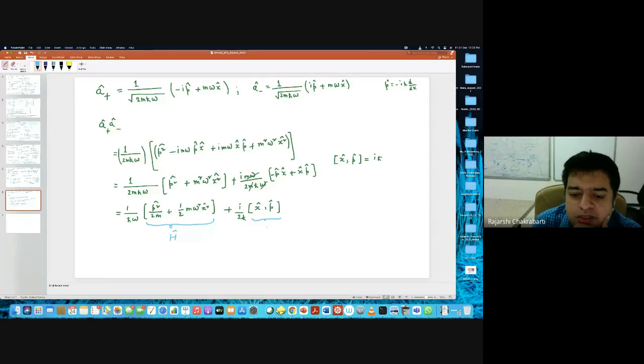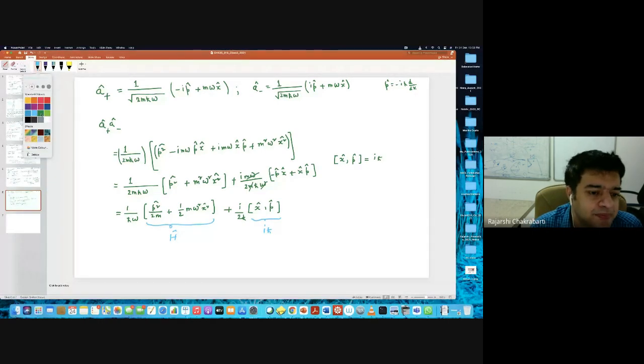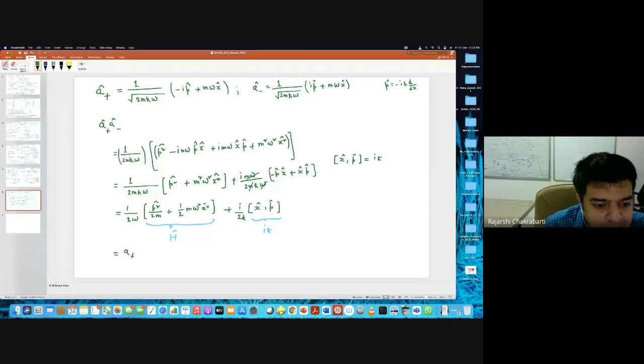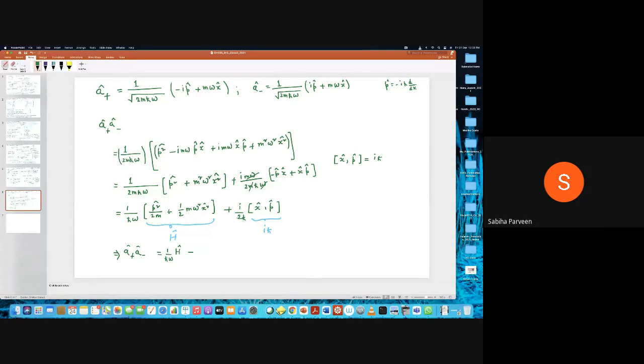Now xp is i h cross. So what is going to happen to this expression eventually? It becomes 1 over h cross omega into h, then i squared is minus 1.